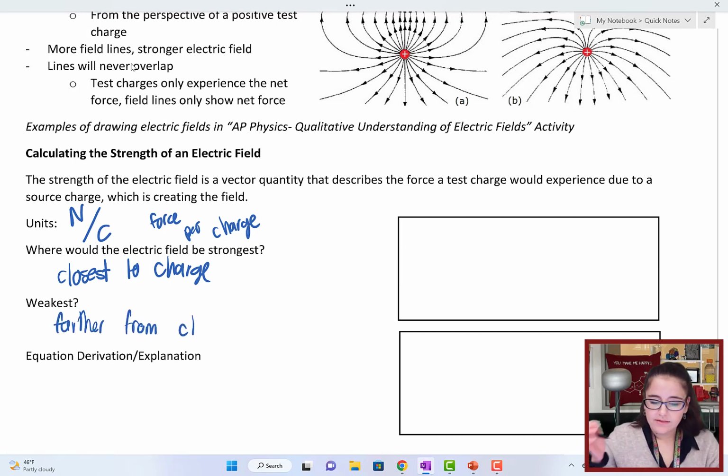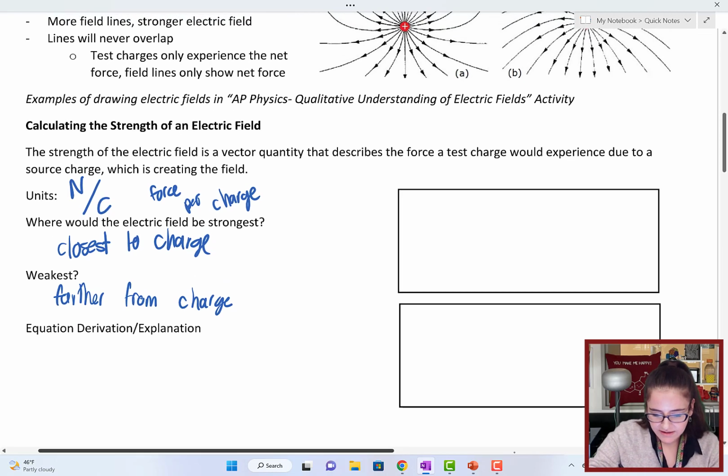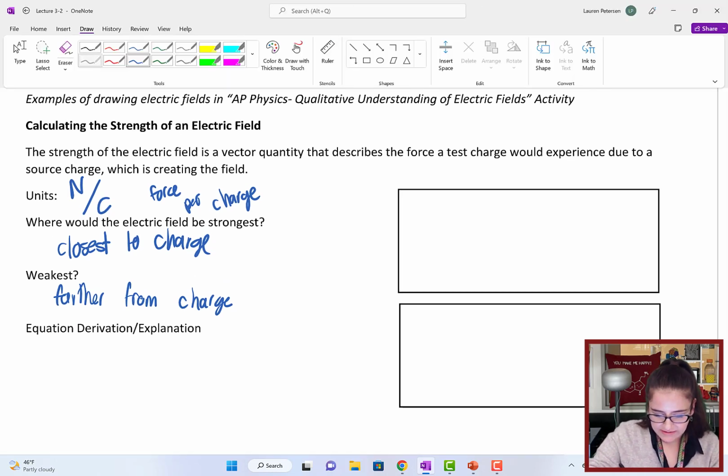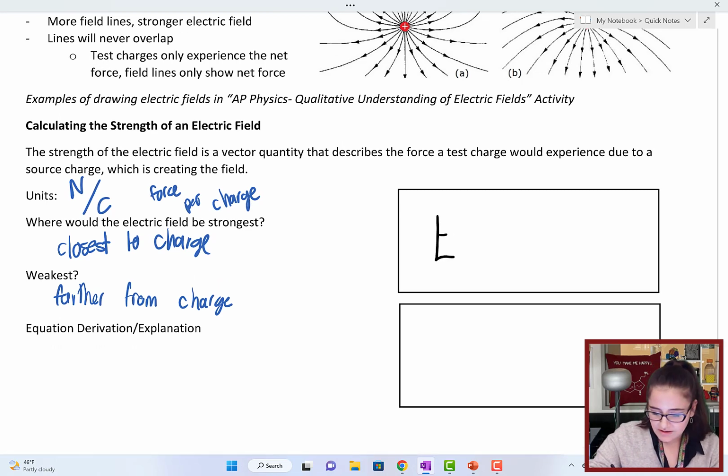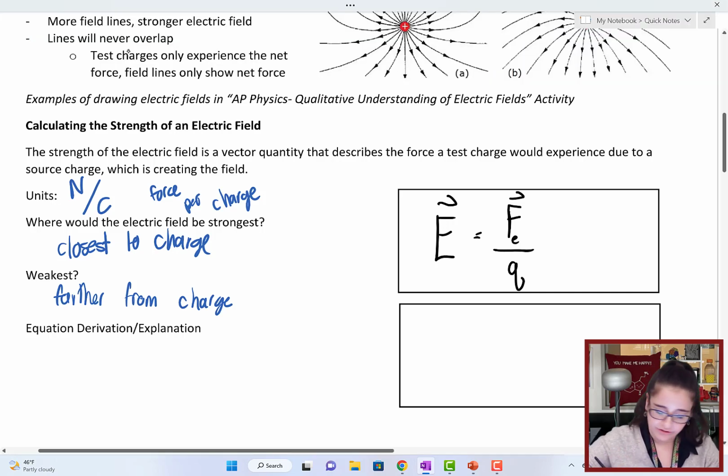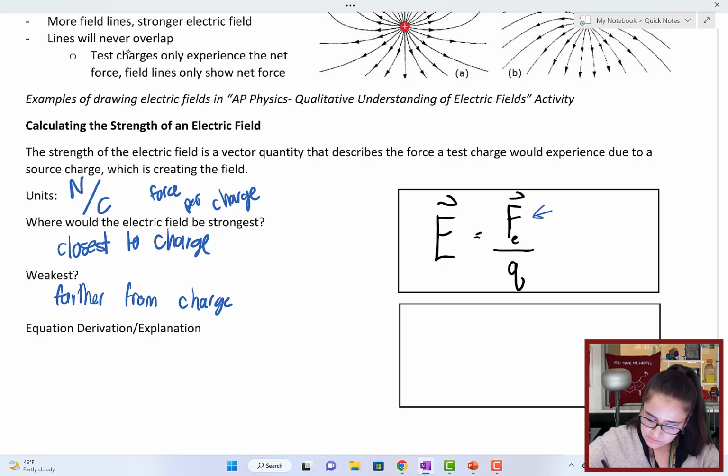So the equation that we see for this one is in two ways, that the electric field equals the force that the charge experiences divided by Q. So in this equation, this is the electric force, and this is the charge experiencing the field.